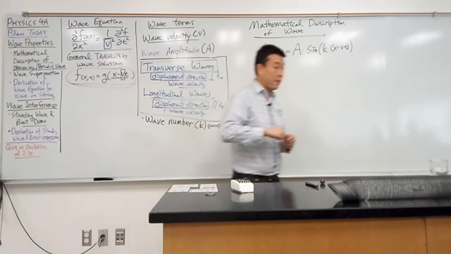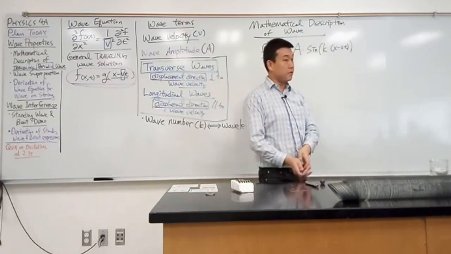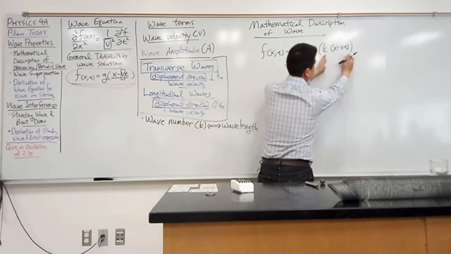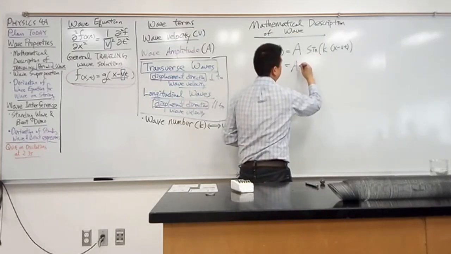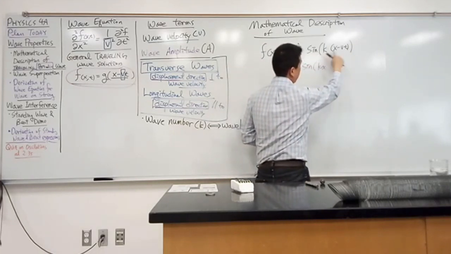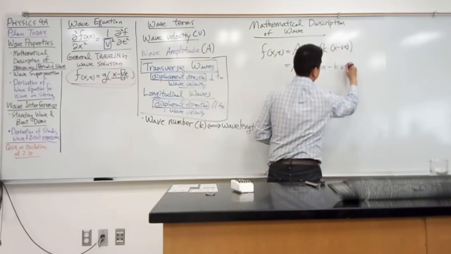So let me rewrite it in that way, and that'll be a way to reintroduce a term that you already know, kinda. So I can write it this way. I can expand this out. Then it'll be A times sine of kx minus kvt, minus k times v times t.